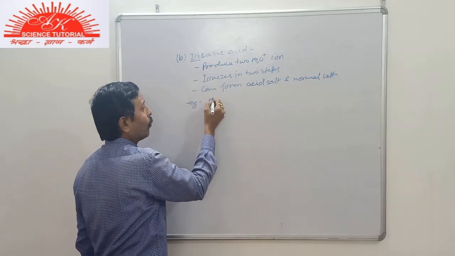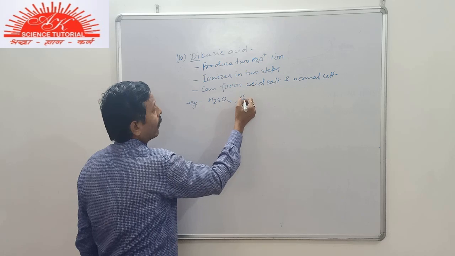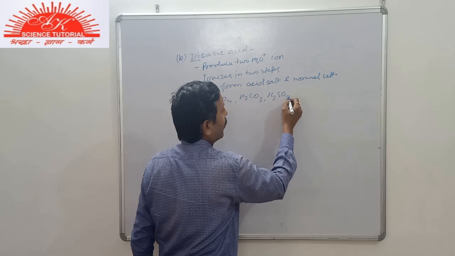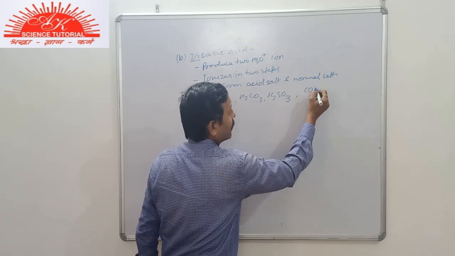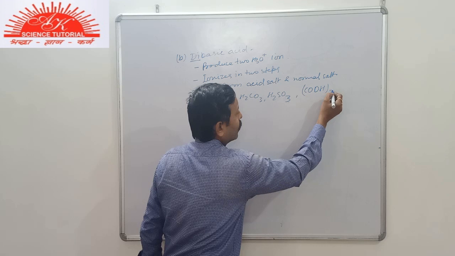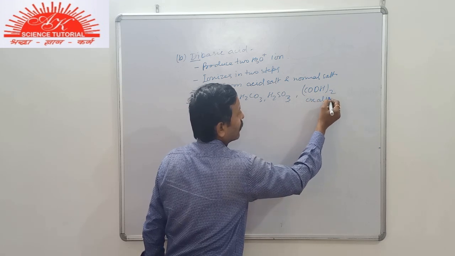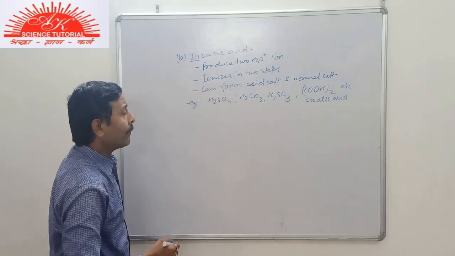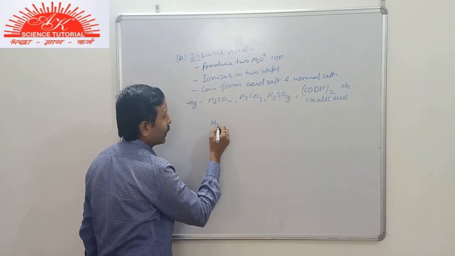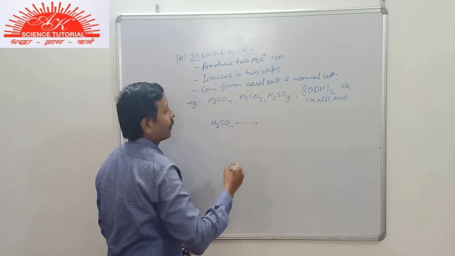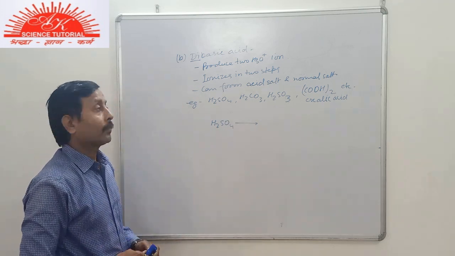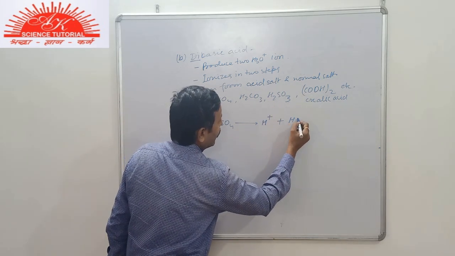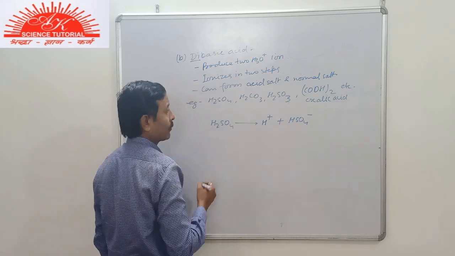Like for example, we have H2SO4, H2CO3, H2SO3. In carboxylic acids, it may be COOH twice, that is oxalic acid, etc. If you take the example of H2SO4, in the first step, if it ionizes partially, it gives H plus and HSO4 minus ion.